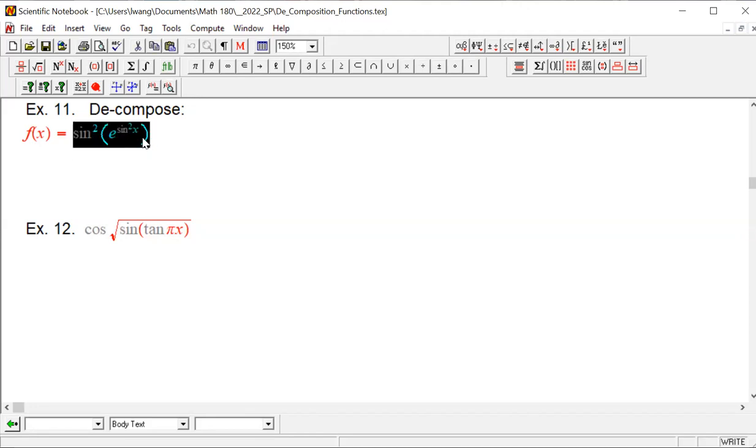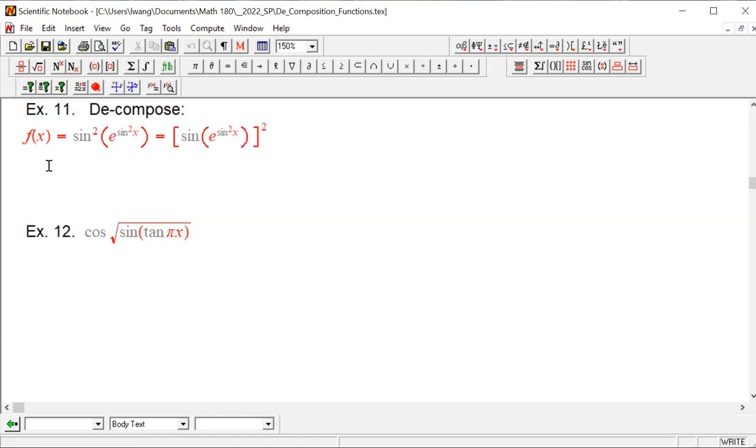So this expression actually means what? Sine of that thing, so sine of that piece, and then squared, that's what it meant.